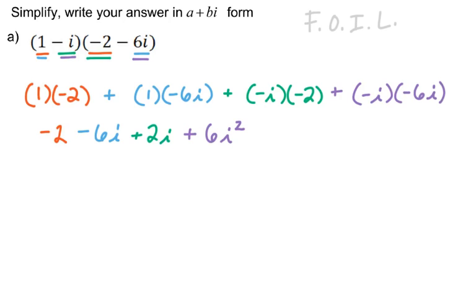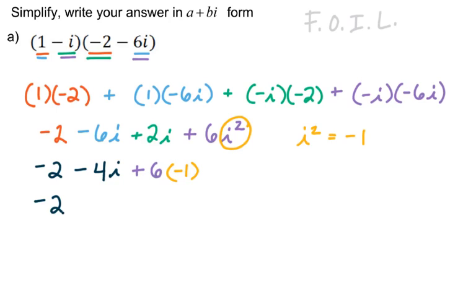So now let's look at simplifying what we have. I do have two like terms in the middle, -6i plus 2i. Those can be combined, and that would give me -4i. We need to recognize something that we know about i squared. i squared is equal to the value -1. So looking at what we have here, I have 6 times -1.